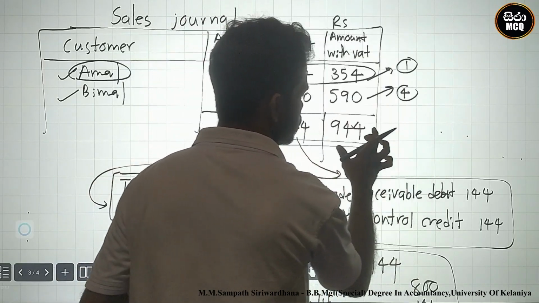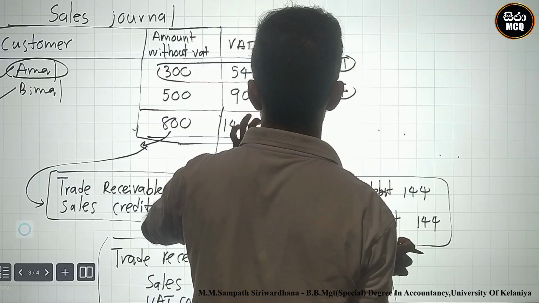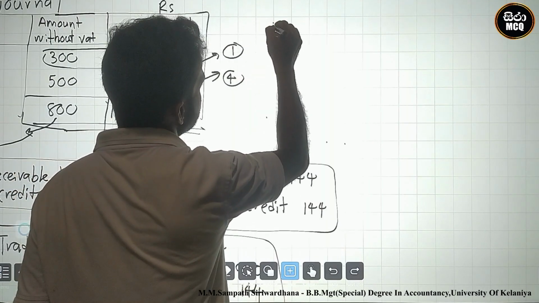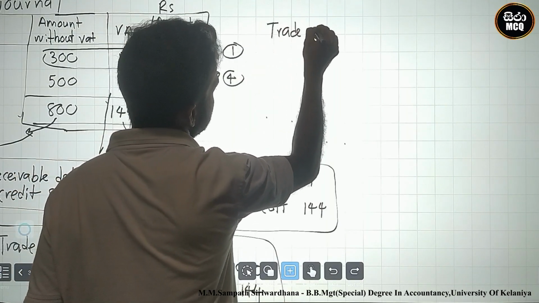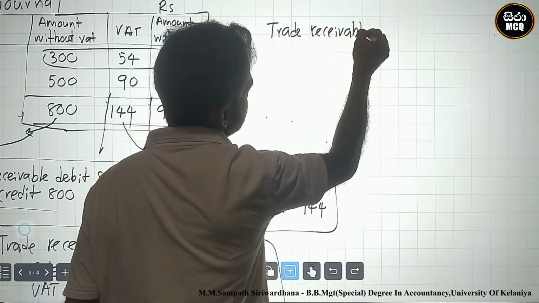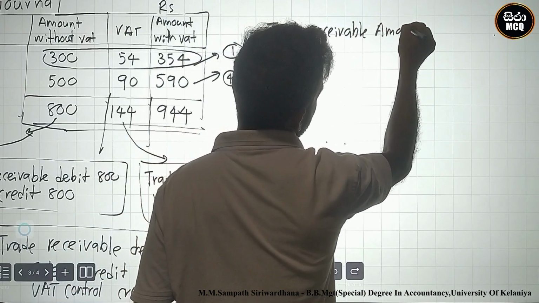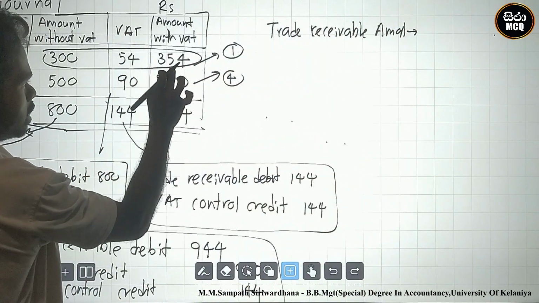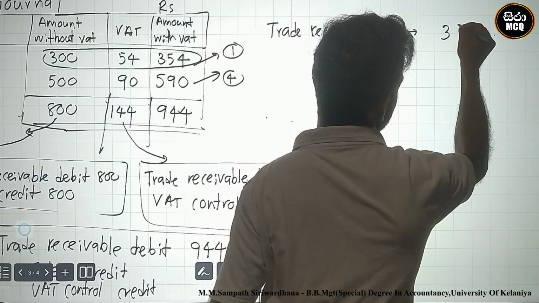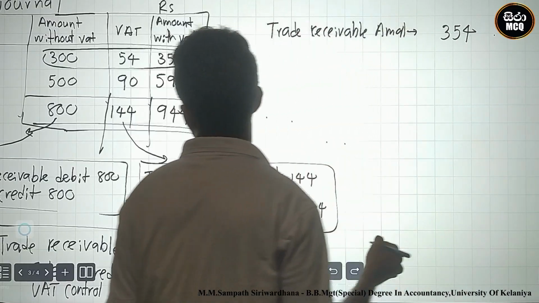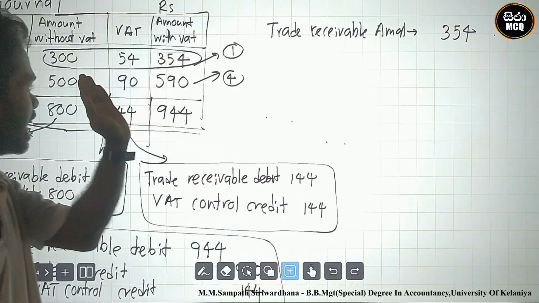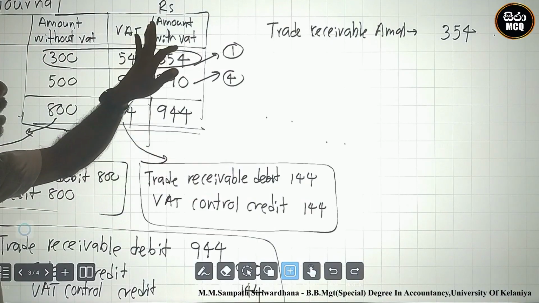The trade receivable Amal, you must collect the total amount of 354 with VAT from Amal. The amount without VAT and the VAT amount are both included in 354.